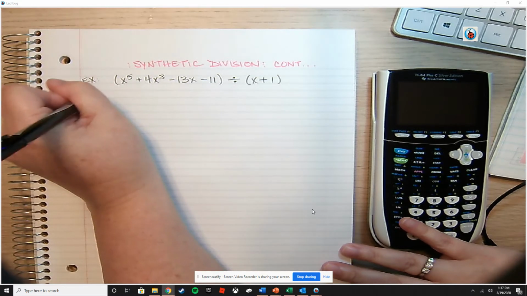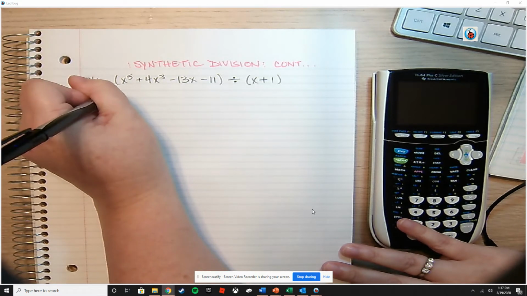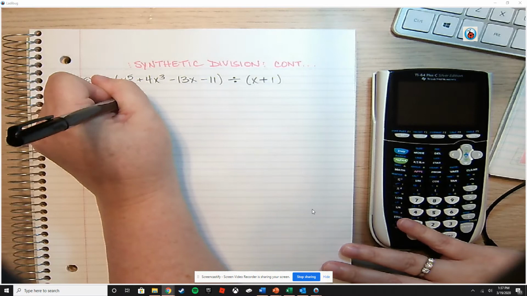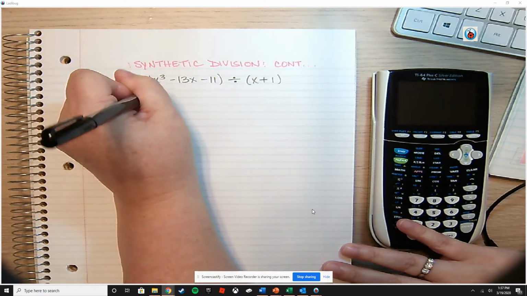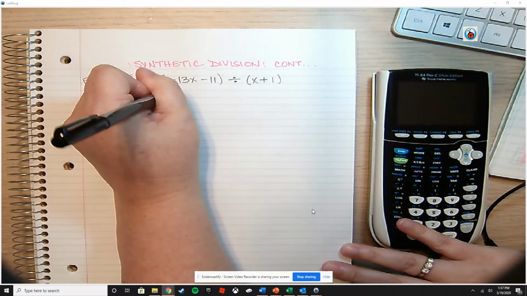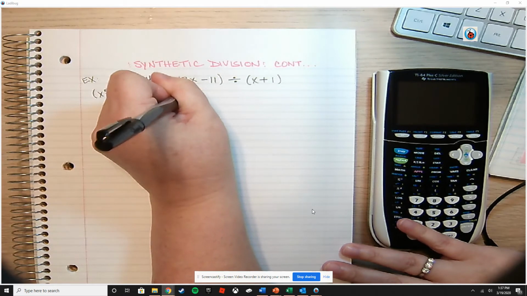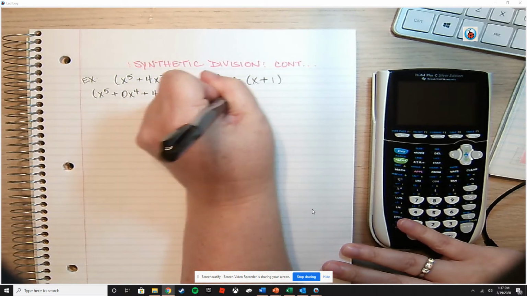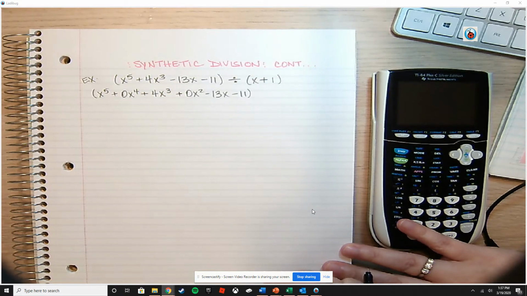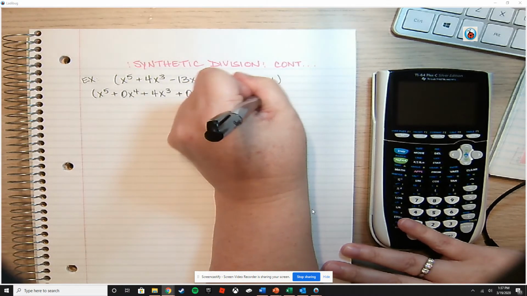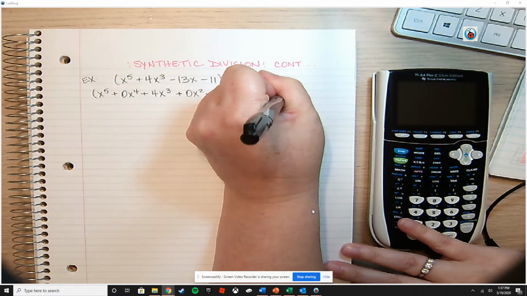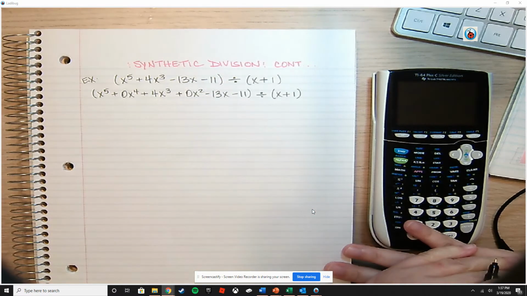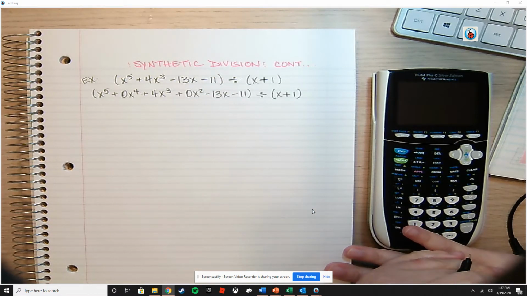I could actually say that this is x to the fifth plus 0x to the fourth plus 4x to the third plus 0x squared minus 13x minus 11 divided by x plus 1. Okay?